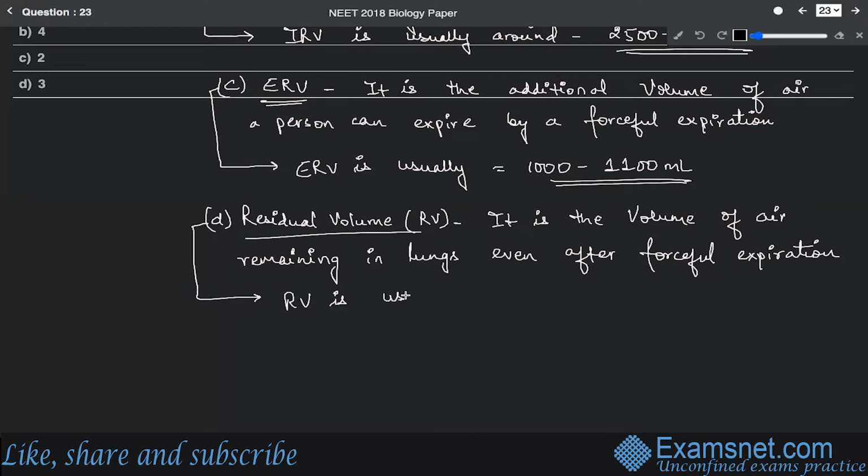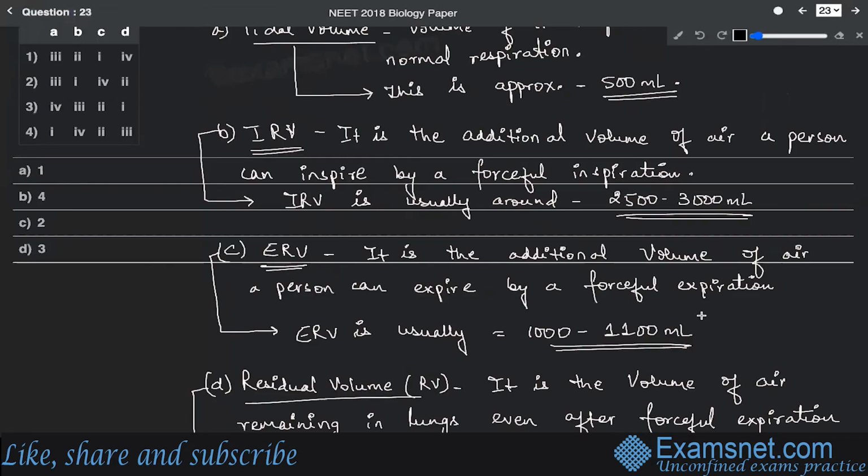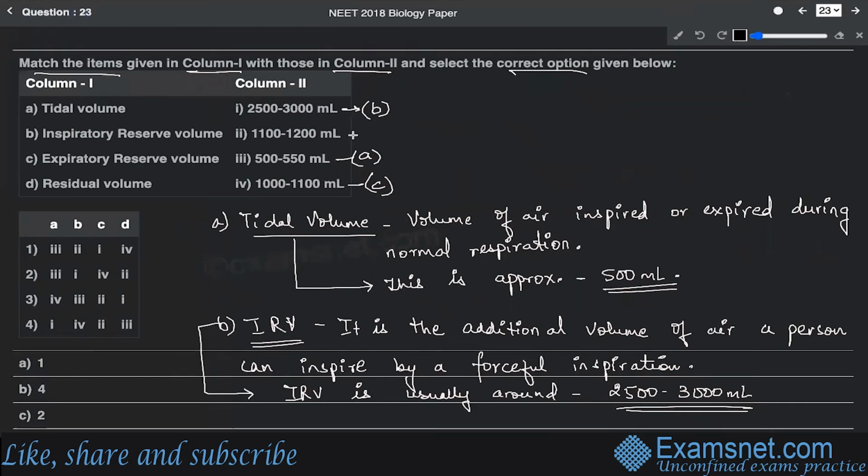RV is usually 1100 to 1200 ml. So this means this option.